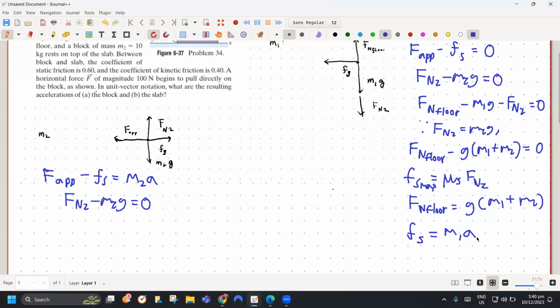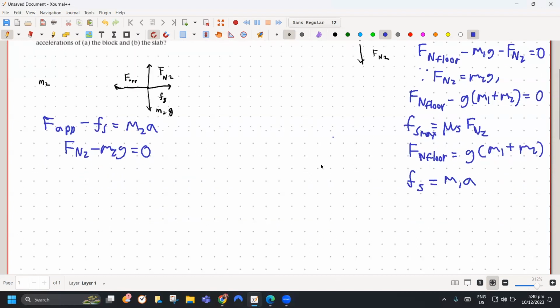So, tingnan natin, take stock ngayon. M1A, we have that equation. We have F applied minus Fs is equal to M2A. We have Fn2 minus M2G equals 0. Just look at those three equations. Can we find, so ano yung mga known?